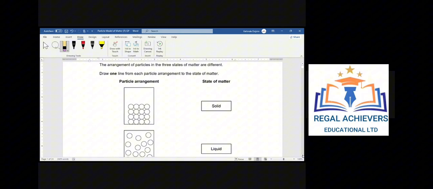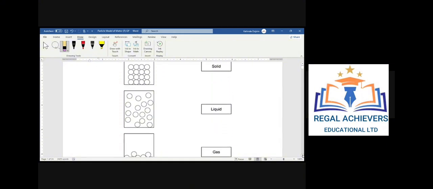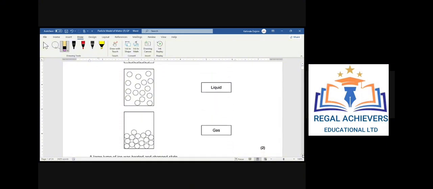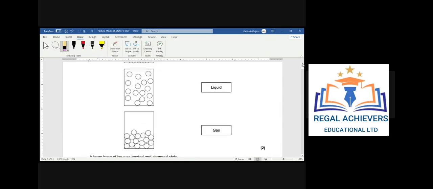So it's important that we know the way the particles are arranged for us to be able to identify the actual state of matter in each one of them. Take a look at the particle arrangement and the state of matter. The picture gives us an insight into the actual state of matter that each of them belongs to.